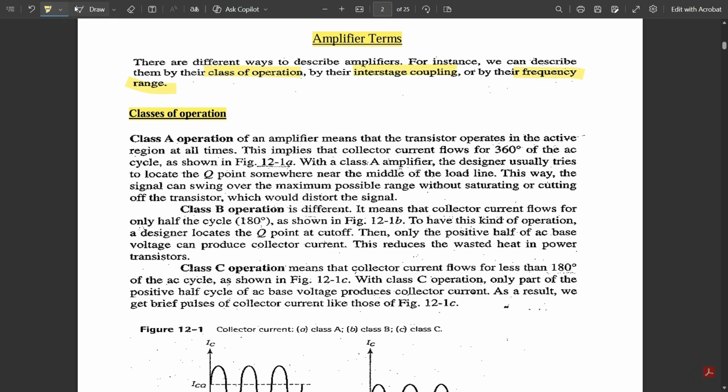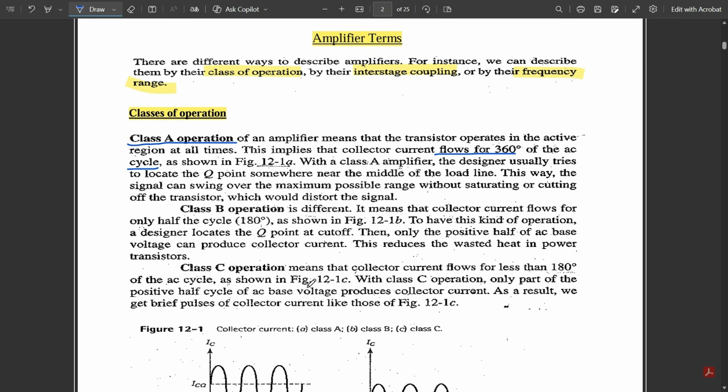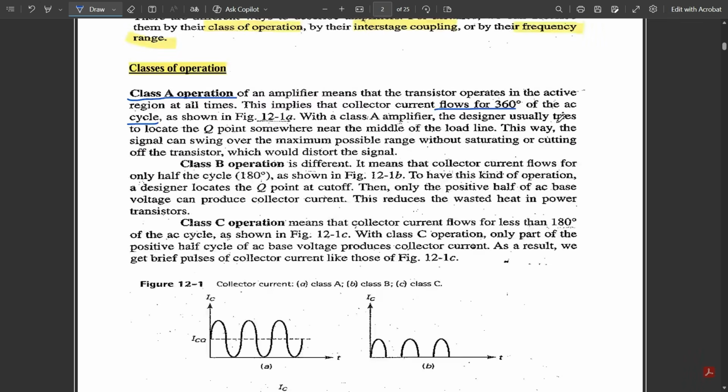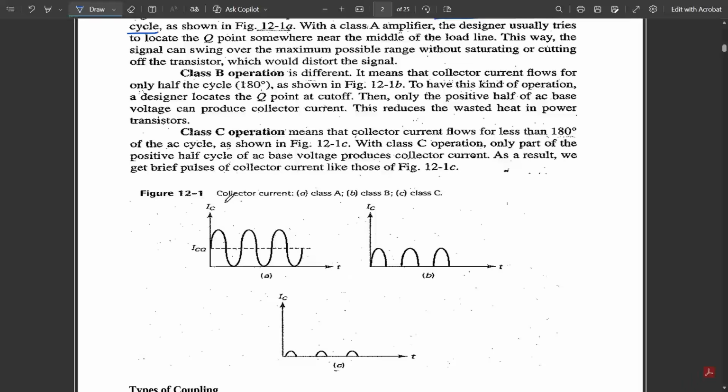The first is called the class A operation. What happens in this class A operation? Class A operation of an amplifier means that the transistor operates in the active region at all times. This implies that the collector current flows for 360 degrees of the AC cycle as shown in the figure.